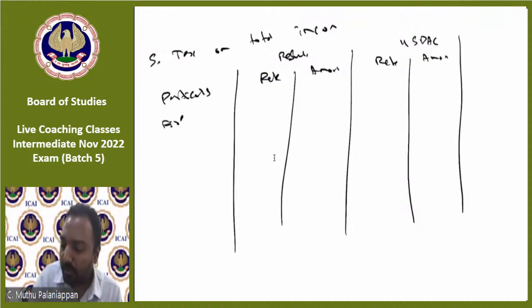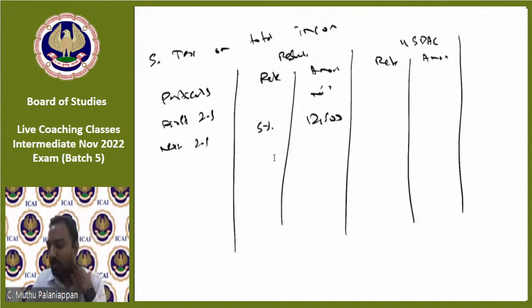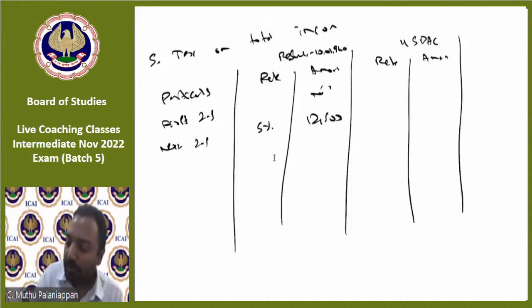So first 2.5 is nil. Next 2.5 is 5%. So you get 12,500. So we are talking about 10 lakh 1,940. For the next 2.5, this is 20%, correct?